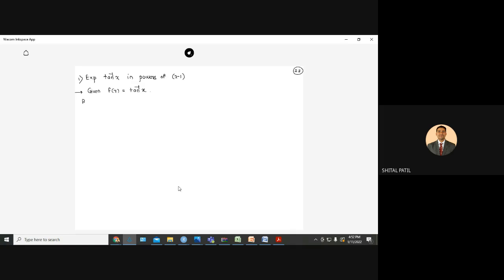So by Taylor's theorem, what can we write? f of x equals f of a plus x minus a times f dash of a plus x minus a square divided by 2 factorial, f double dash of a. Let's write this.